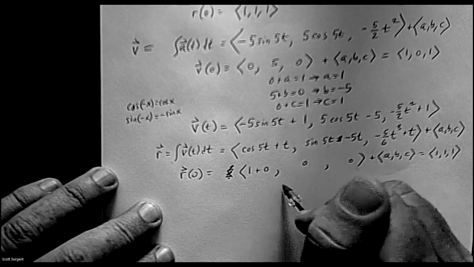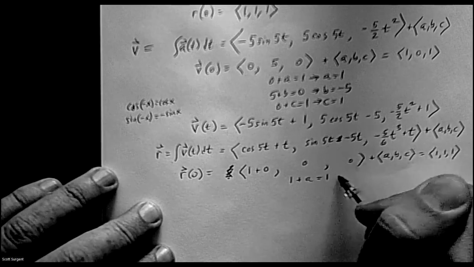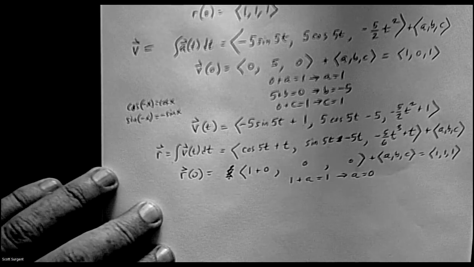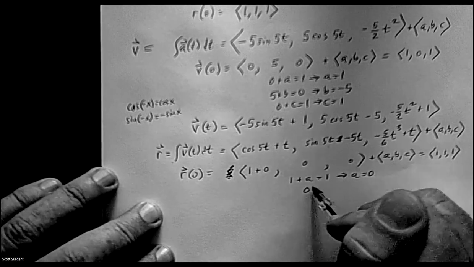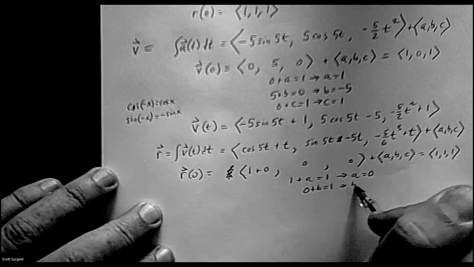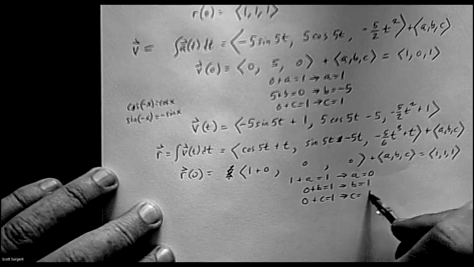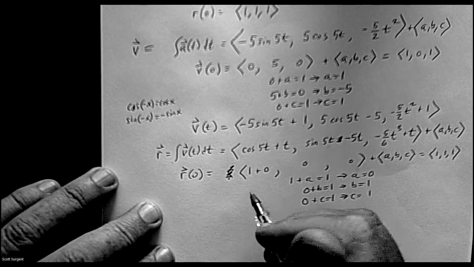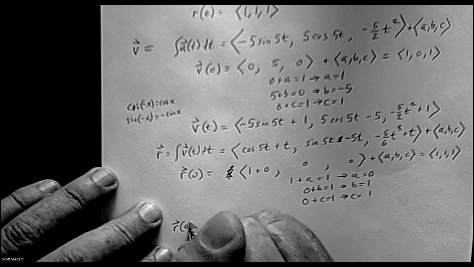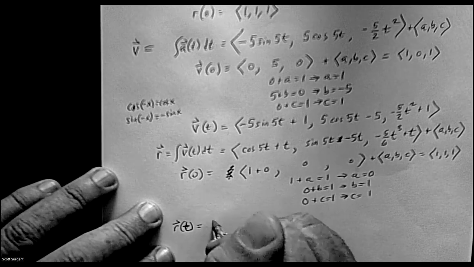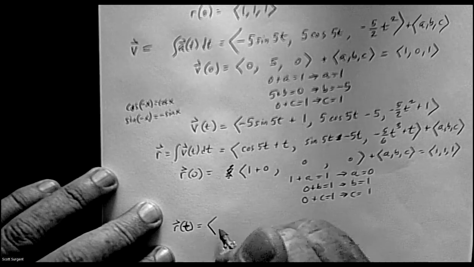And so I have 1 plus A equals 1, so that makes A 0. I have 0 plus B is 1, so B is 1. And 0 plus C is 1, so C is 1. So when I'm all done, the position vector is this function.